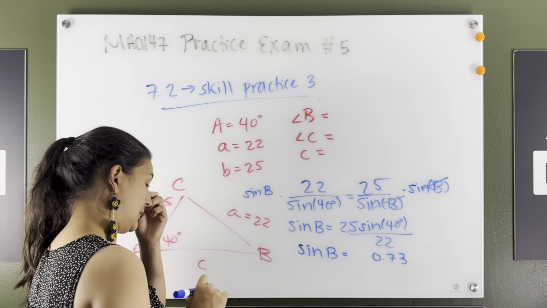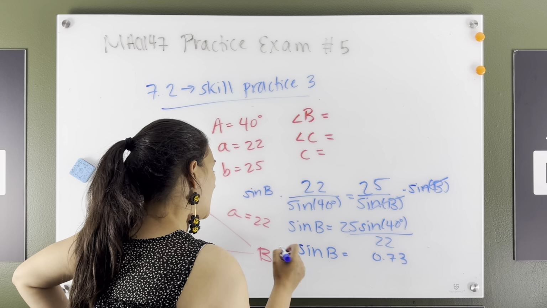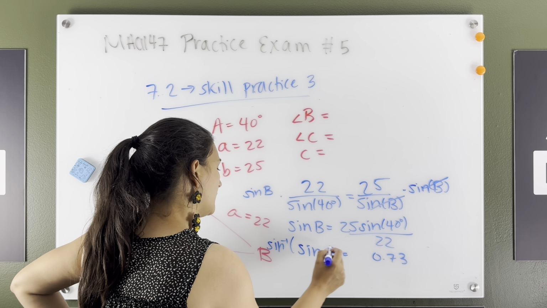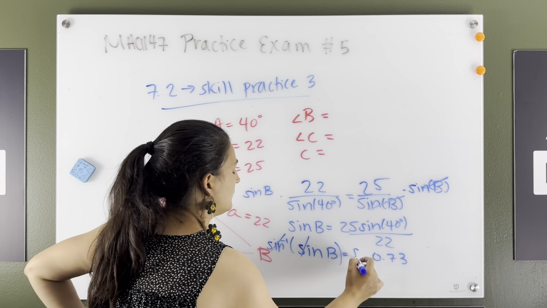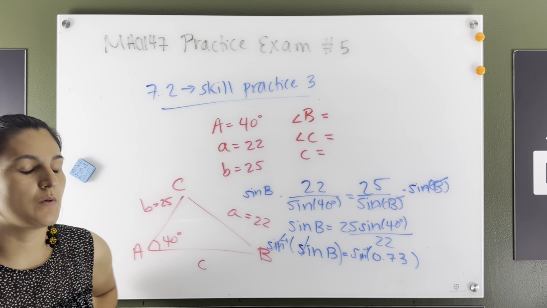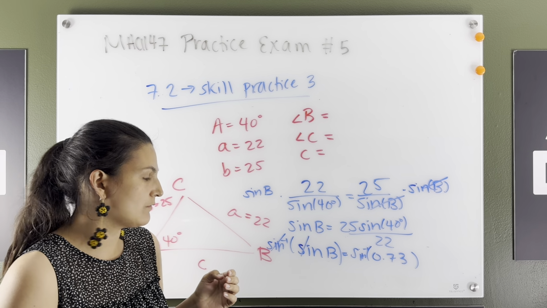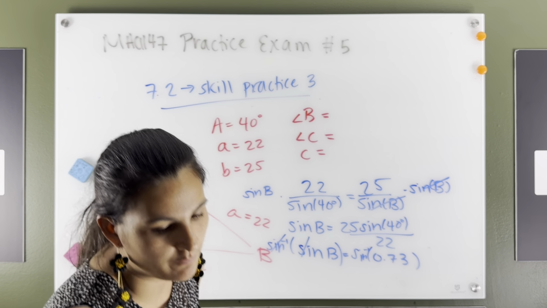Okay, so that's good. This is within the range of sine. So let's get the arc sine now to get my B alone, which is the angle that I need. Remember for arc sine, you have the same as arctangent in the sense that you're looking from pi over 2 to negative pi over 2.